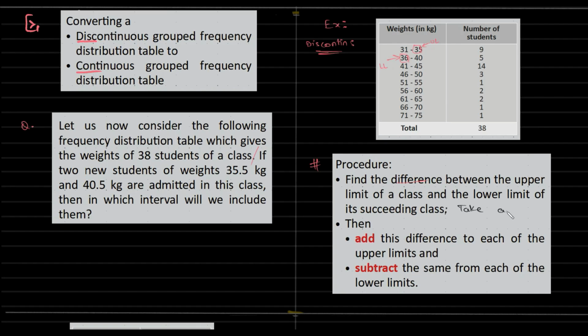Find the difference and then divide by 2. Not take average, sorry, divide by 2. Then add this half difference to each of the upper limits and subtract the same from each of the lower limits.